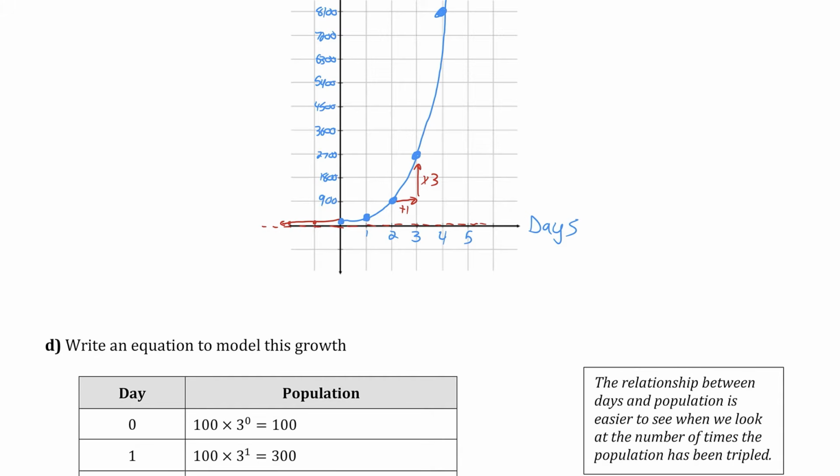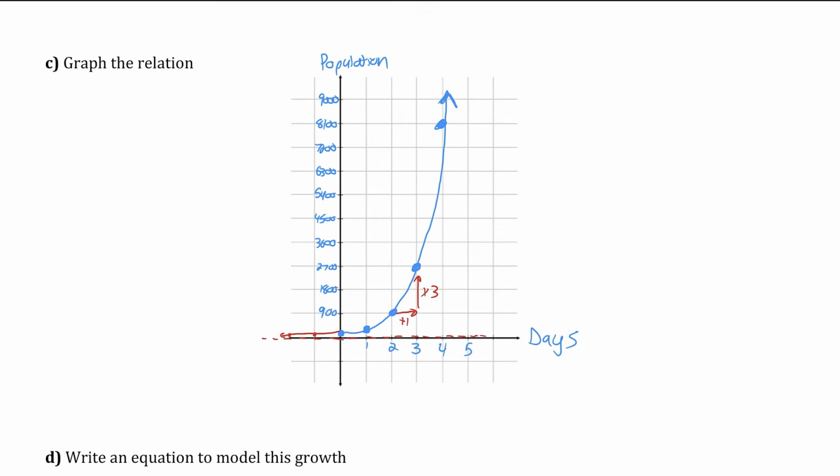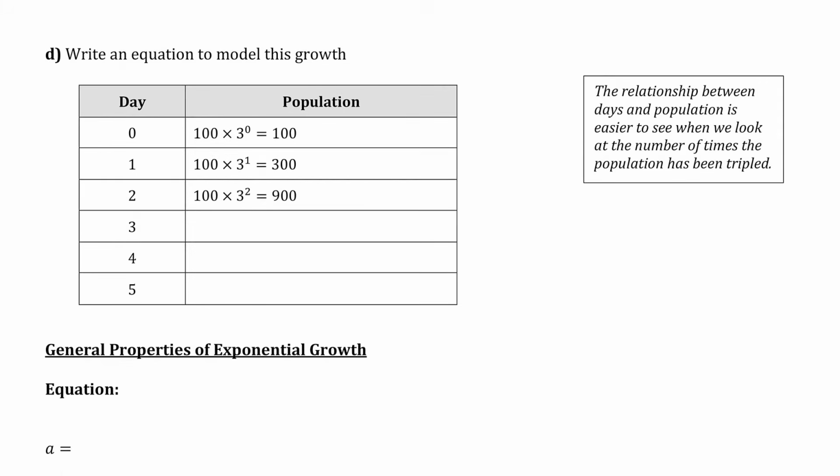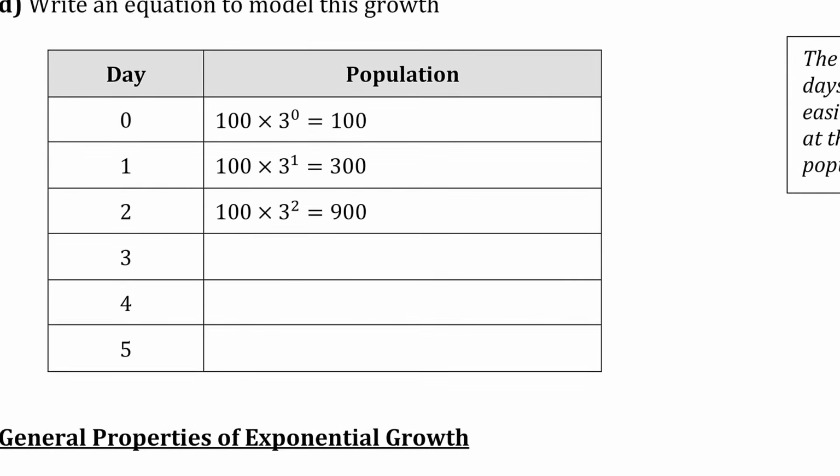Now that you have a general idea of what the graph of an exponential function looks like, let's see if we can write an equation that shows the relationship between all x and y values, or in this case, between days and population. So notice how I started describing the population in terms of the initial value being multiplied by 3 a certain number of times. The initial population was 100, so that 100 got multiplied by 3 0 times.